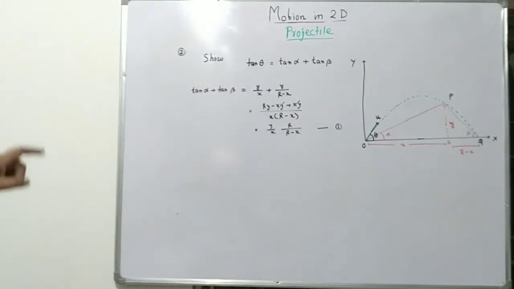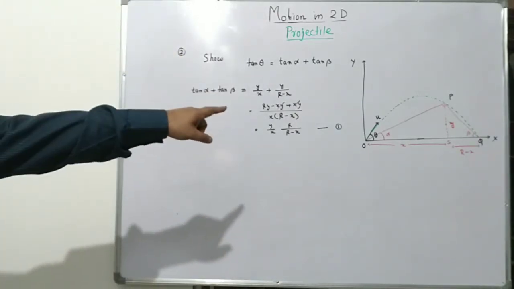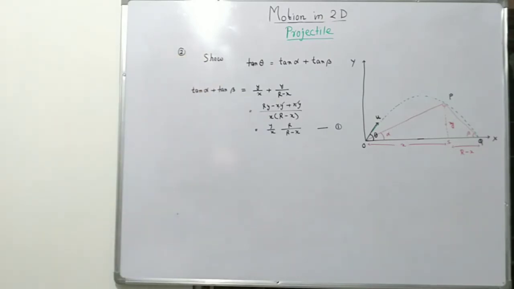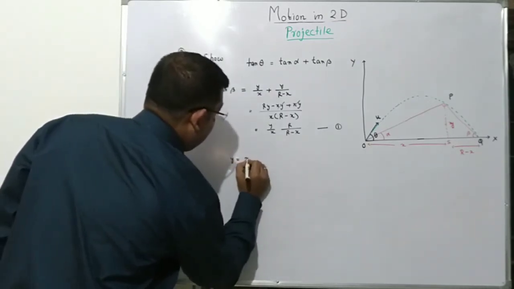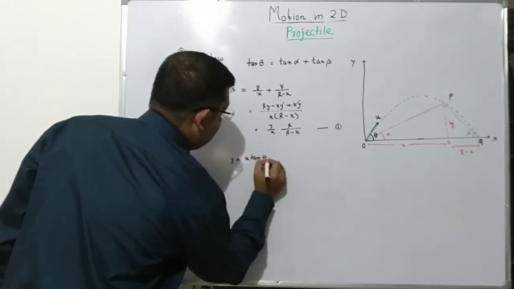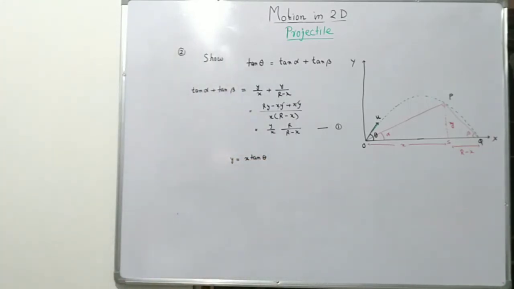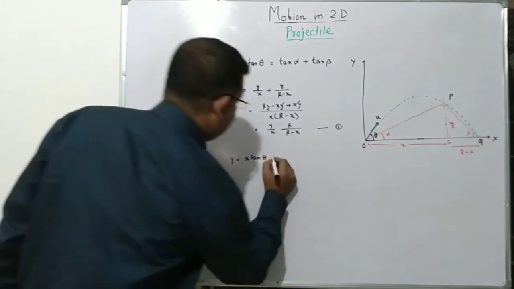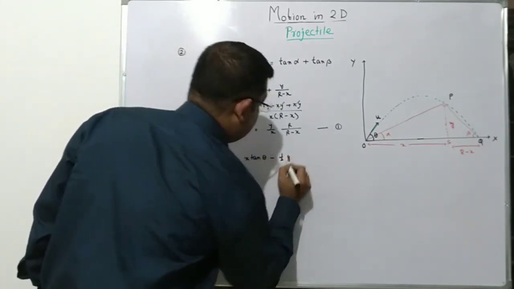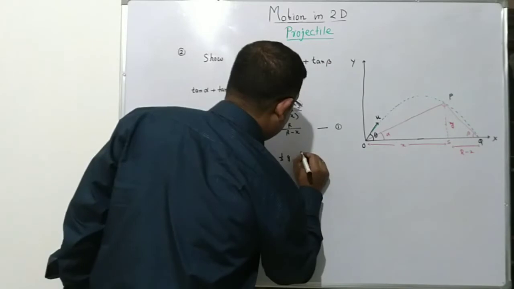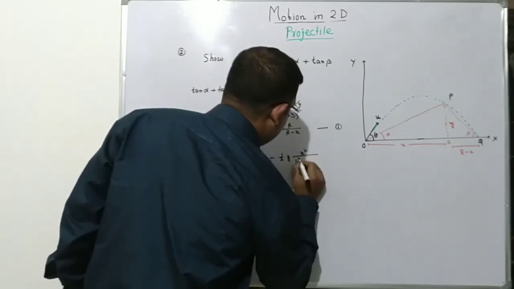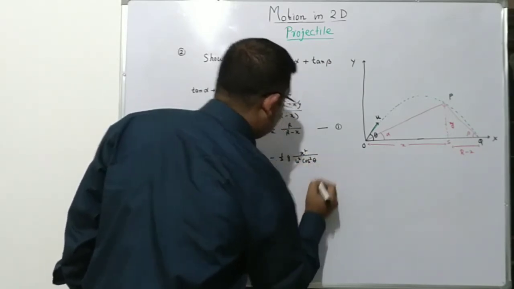The equation of trajectory of a projectile thrown with an initial velocity u at an angle theta with the horizontal was given by y equals x tan theta minus half g x square by u square cos square theta.